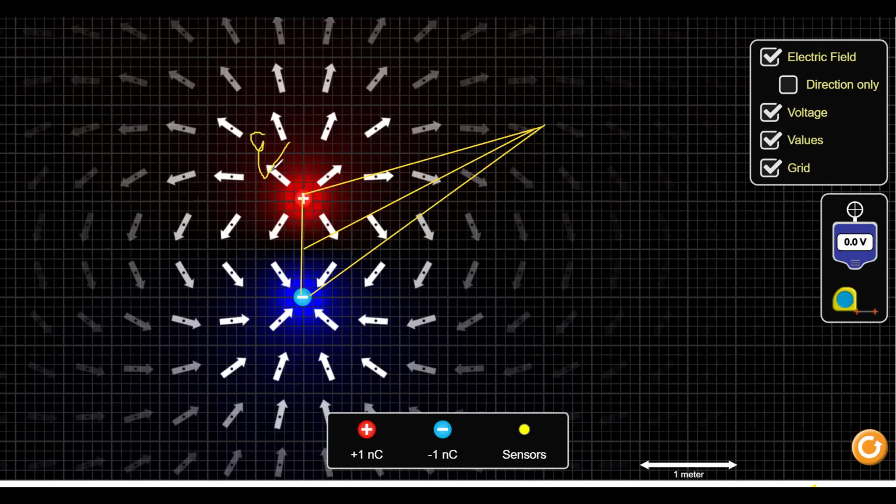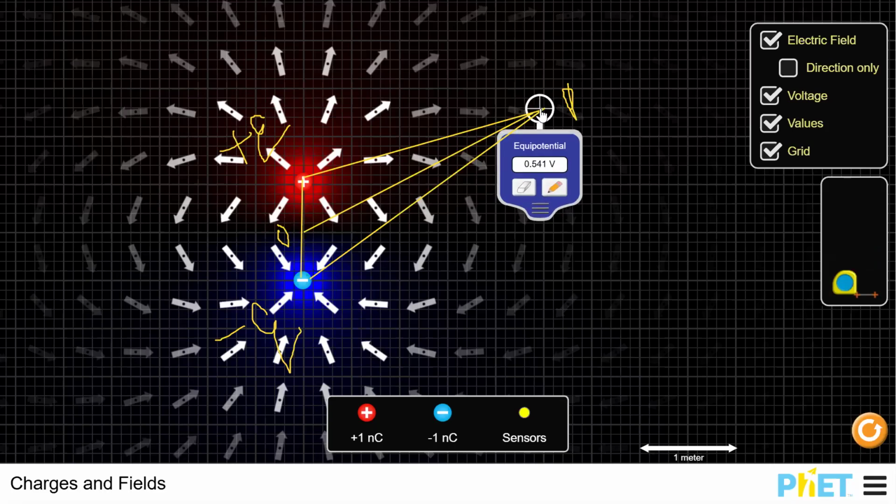So this is positive Q. This is minus Q. This is the center. This is P. The total potential at the point P is the sum of the potentials due to the single point charges. And we have a formula for the total potential.